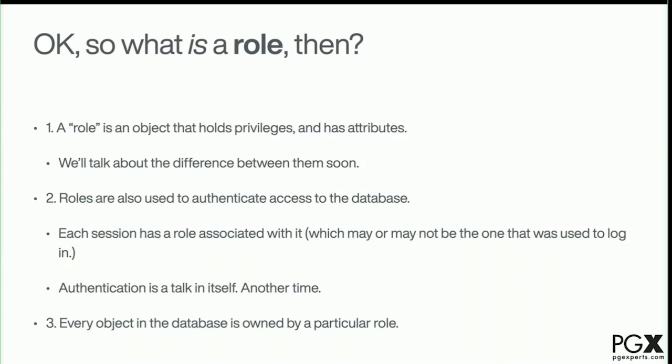If a role has the login attribute, it can log into the database. Every session has a role associated with it at any one time. It doesn't have to necessarily be the role that was used to log in. You can adopt a different role in a session, but at any one time, a session always has a current user. It's called current user in Postgres. We'll talk about users versus roles in a moment.